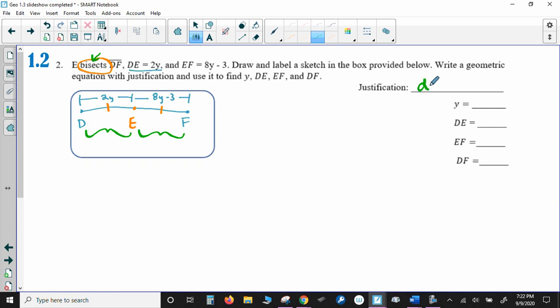In a lot of the other things, we may be using the segment addition postulate, but for this, everything that we do hinges on the idea that the length of DE is the same exact length as segment EF. So that's going to be how you get started for that one.